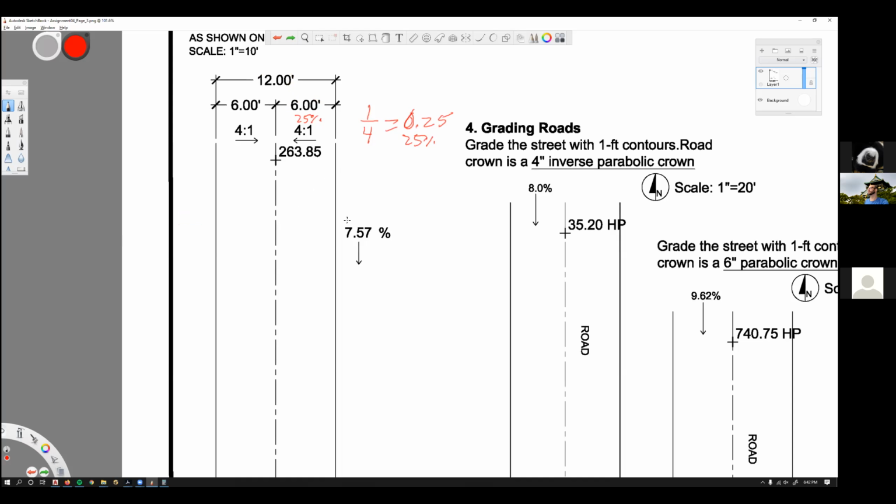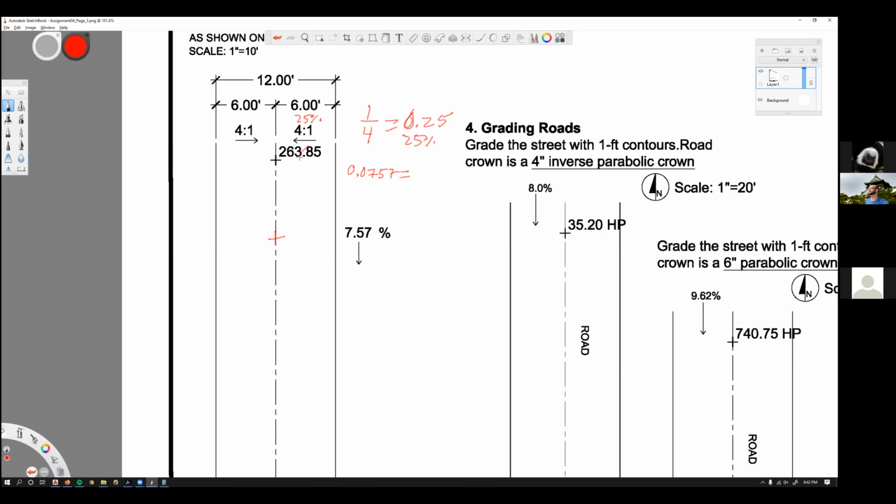Okay, so the first thing that we need to do is find a whole number to start our contour at, because we don't want to start at 263.85. We want to go down to 263. So we have our slope, 0.0757 equals.